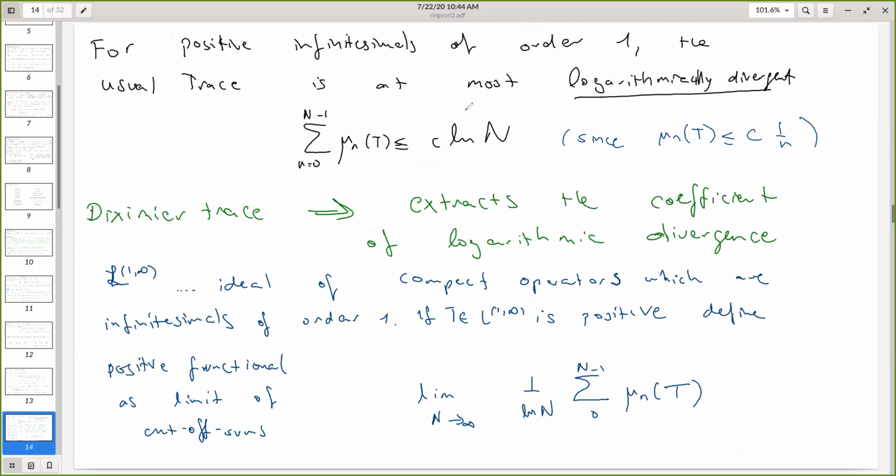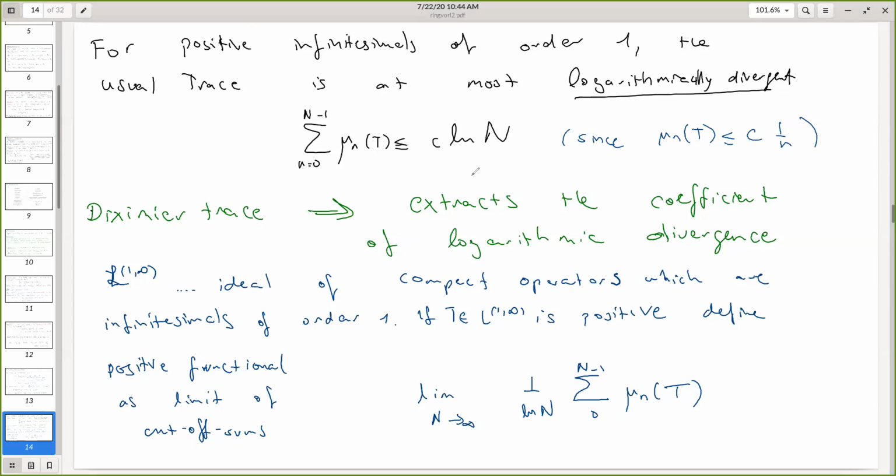So for positive infinitesimals of order 1, the usual trace is at most logarithmically divergent. Okay, so if you take the sum, because it's of order 1, mu n goes as 1 over n, and if you take the sum over that, it behaves as ln n. So as the logarithm. So in a sense, we know how badly it diverges.